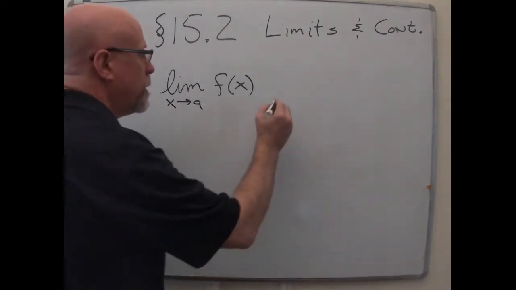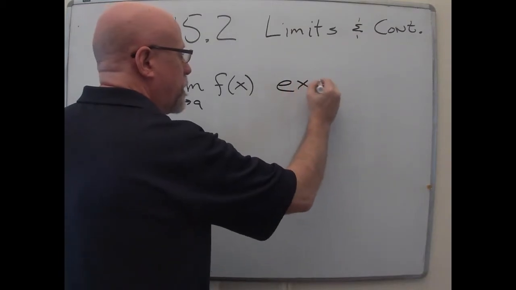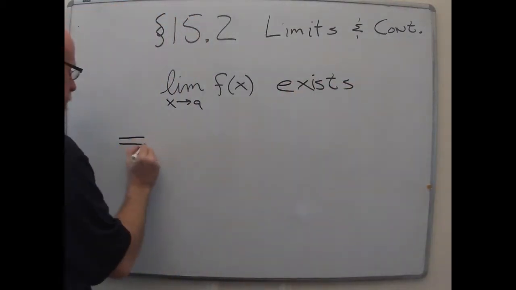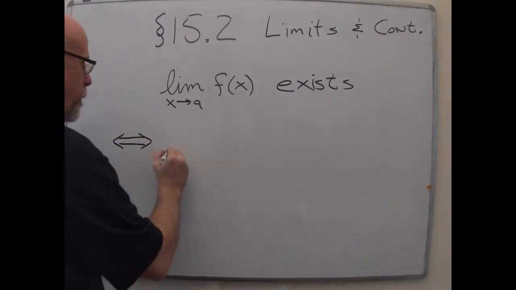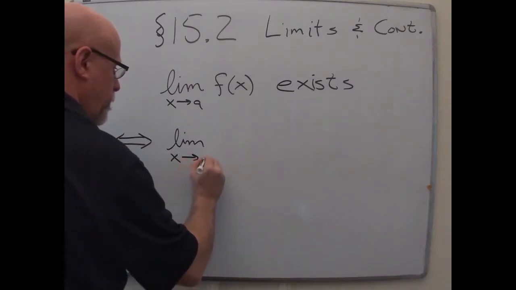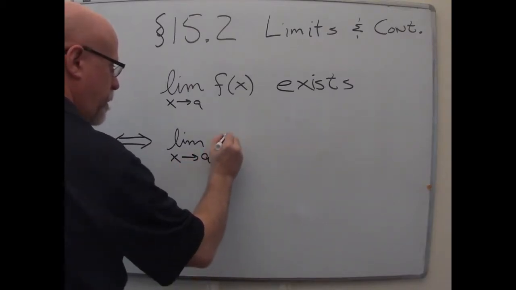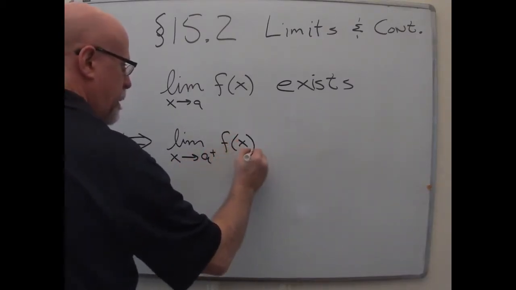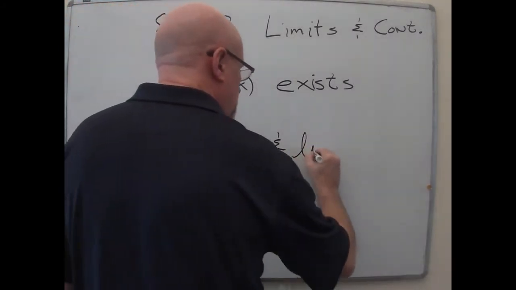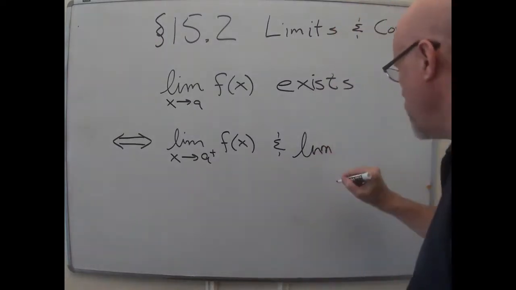That is, this limit exists. Actually, it's an if and only if connection. The limit as x goes to a from above of f of x, and the limit, this one over here.